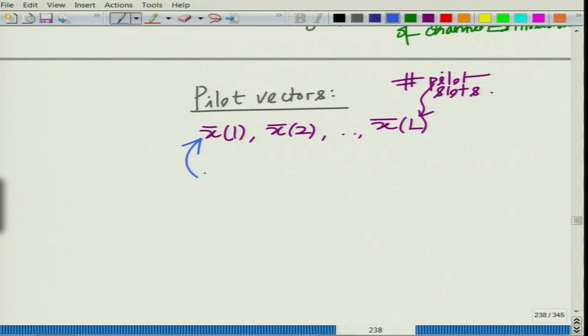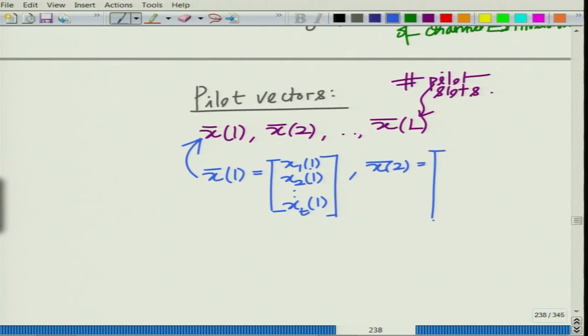And we can further write this x bar 1 as x11, x21, xt1, similarly x bar 2, which is x12, x22, xt2, and so on.